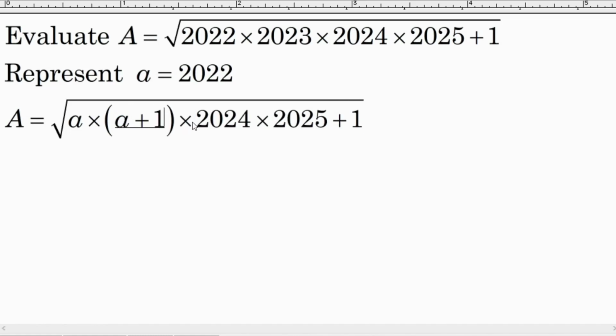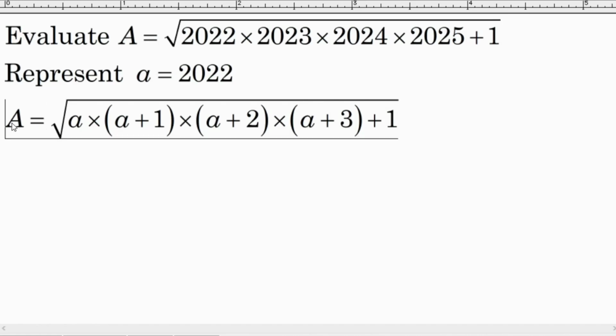And 2024 will be equal to a plus 2. And 2025 will be a plus 3, okay? So now we have a new quantity in terms of a. When we have it in terms of a, the number looks smaller and it's easier for us to calculate.